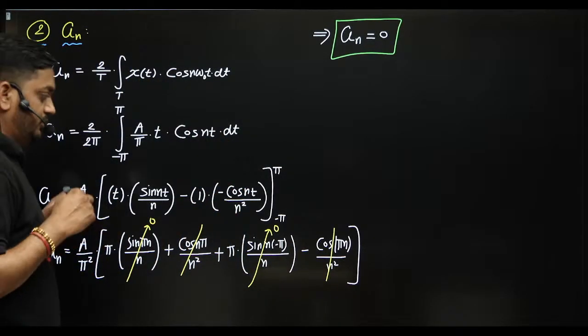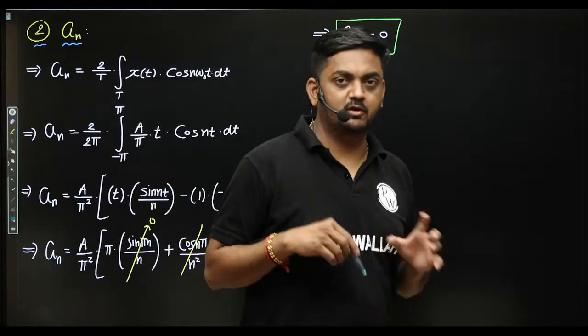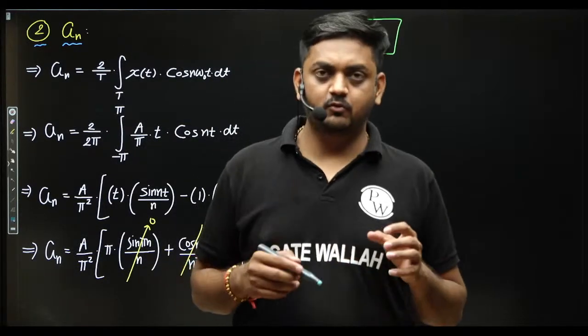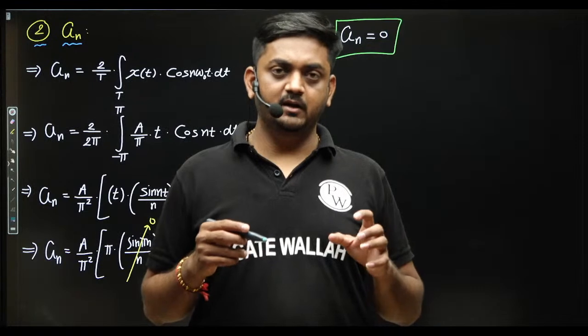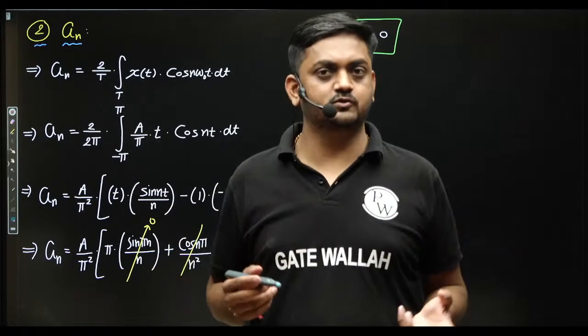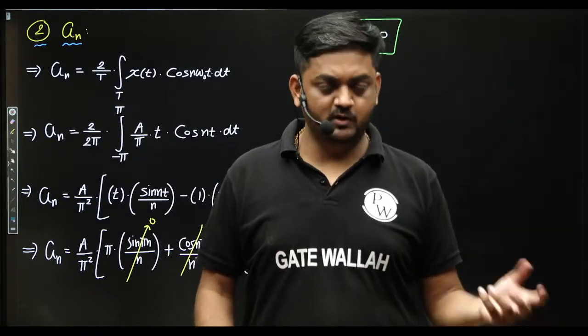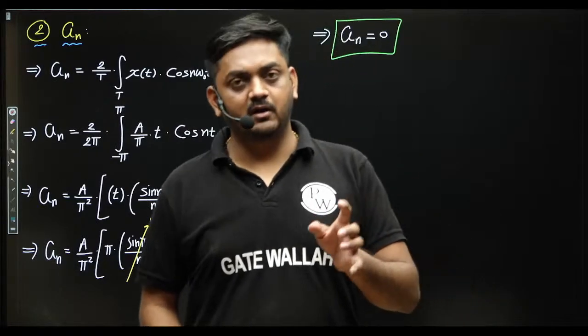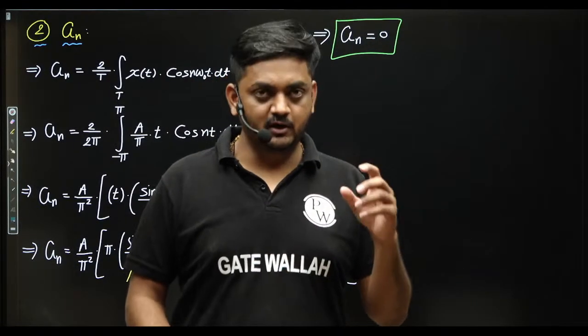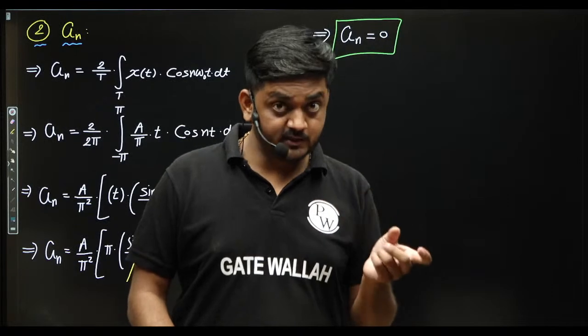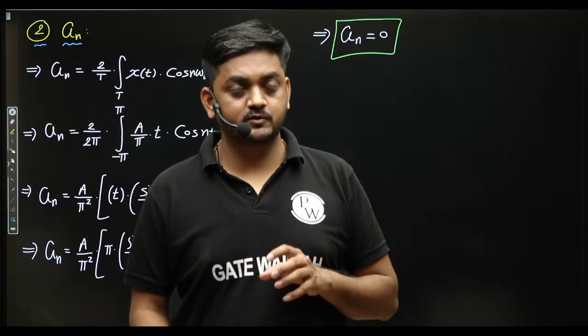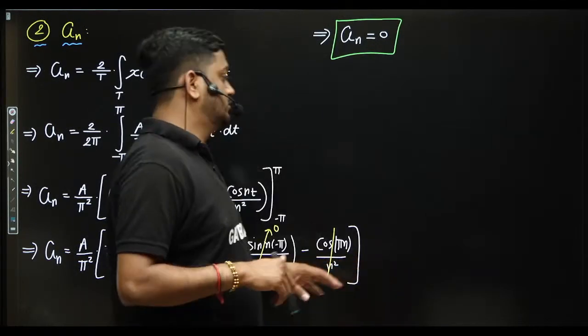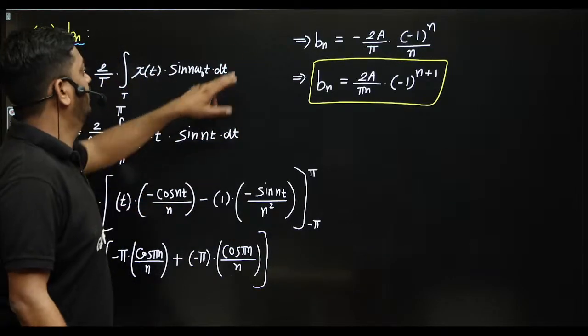Yes, there is one trick, guys. Knowledge of symmetry. With the help of knowledge of symmetry, you can say initially, before solving, whether the cos term will come or not, sine term will come or not, dc will come or not, and only odd harmonics or only even harmonics will come. That is known as knowledge of symmetry.